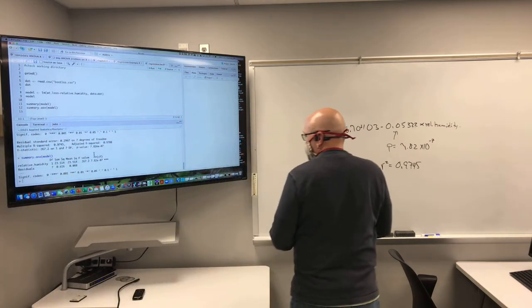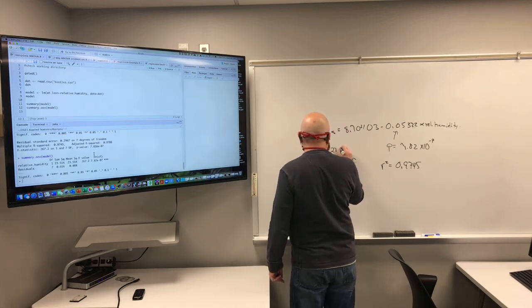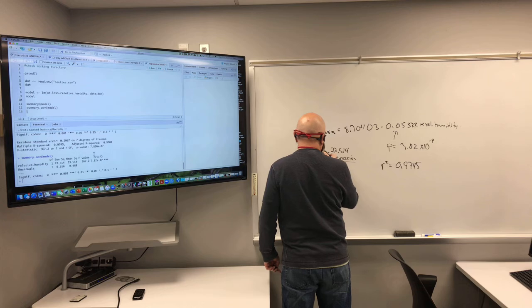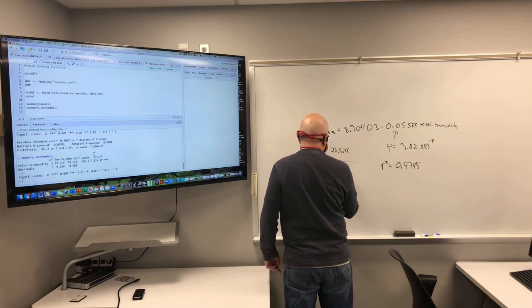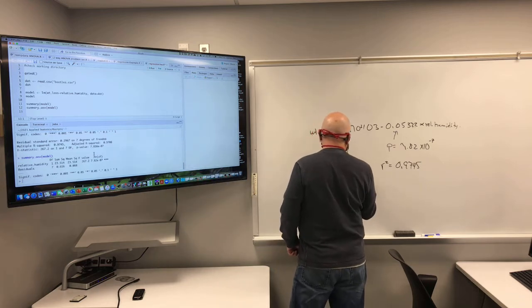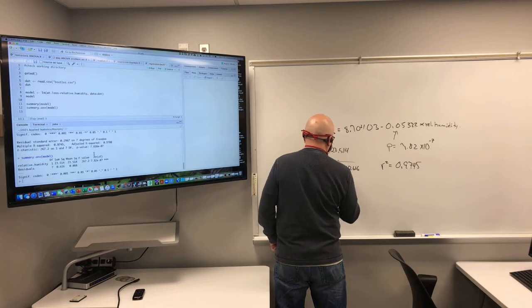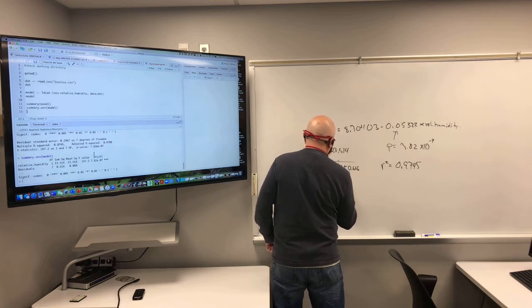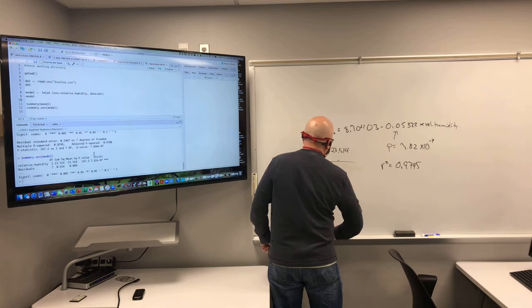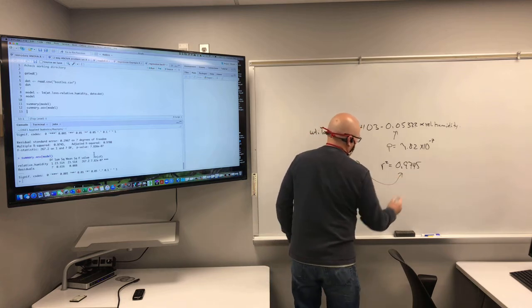The sums of squares due to regression is 23.514, and the sums of squares total is 23.514 plus whatever the residual value is, 0.616, which gives 24.130. And if you do this, it should give you that.